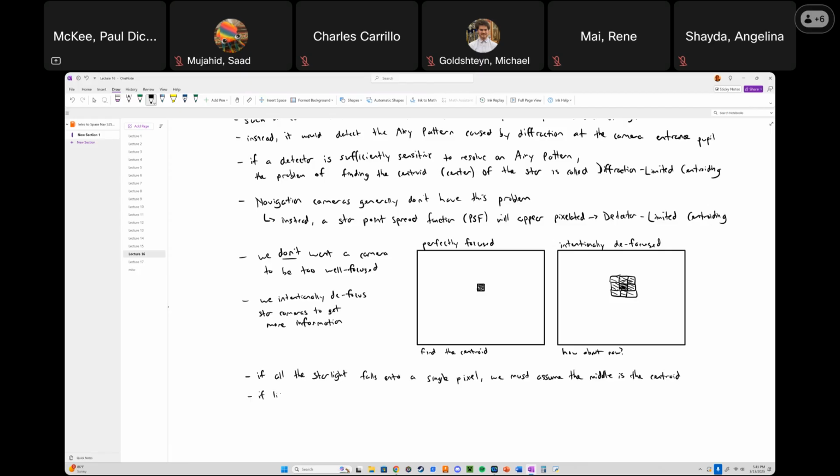If light also falls on neighboring pixels, we can find the centroid with sub-pixel accuracy.